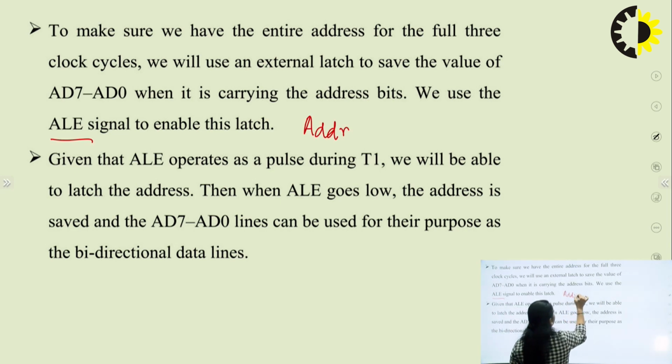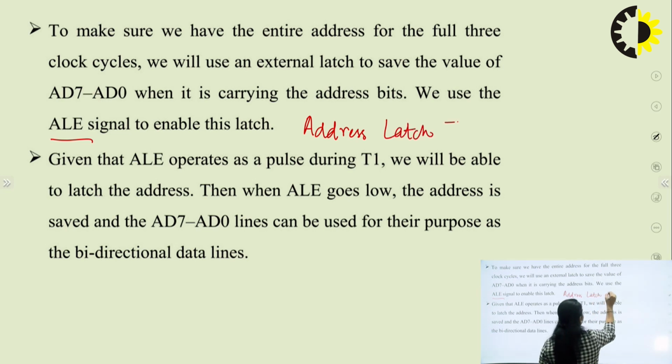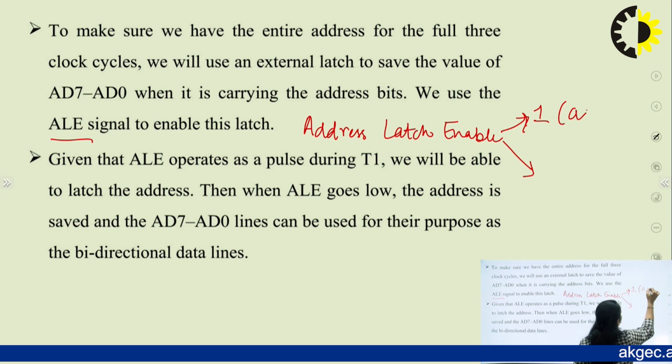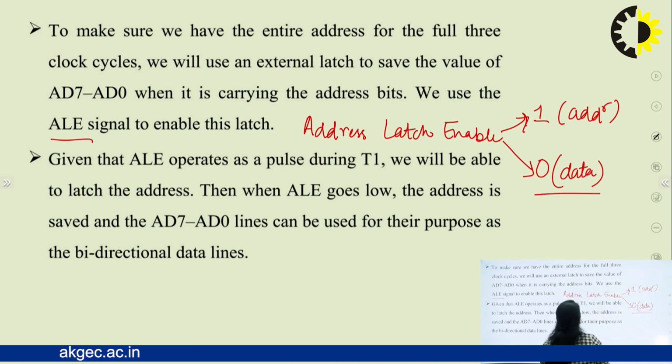In the pin diagram we have discussed this address latch enable pin. When this pin was 1, it was carrying the address, and when this pin was 0, it was carrying the data.